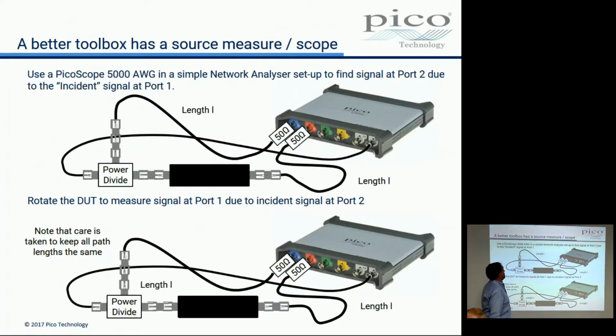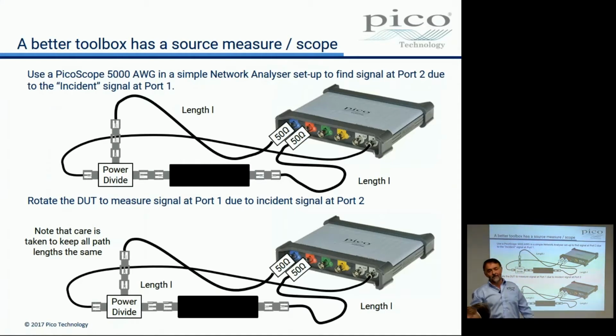So next I did this, because some people are lucky enough to have a really good source measure oscilloscope in their toolbox. So I got a really good one here, and I took a signal from its AWG and pushed it through a power divider such that I could see its signal on the input.